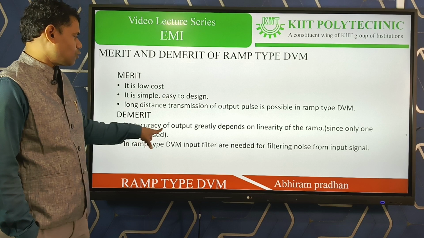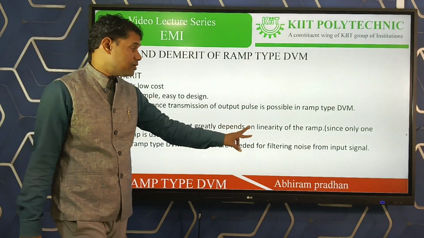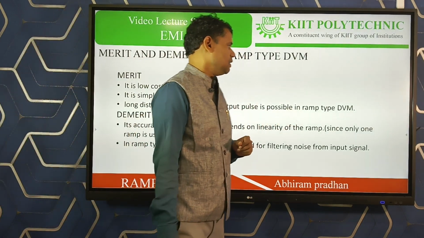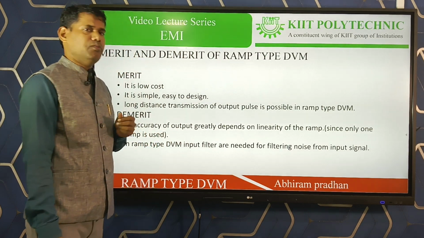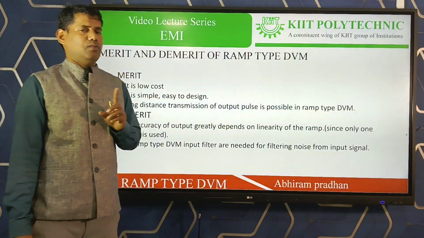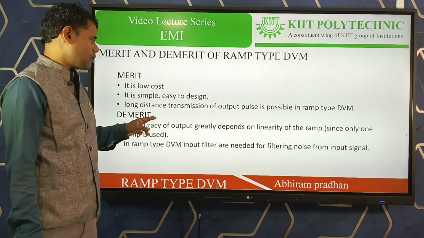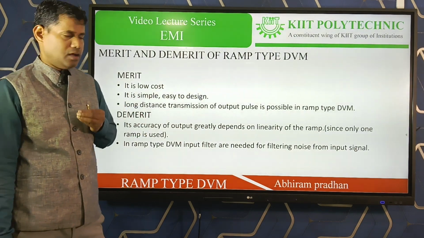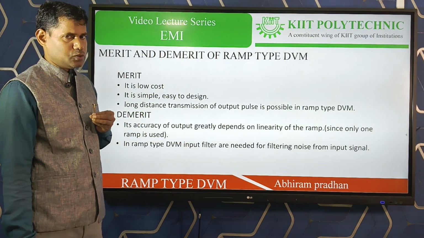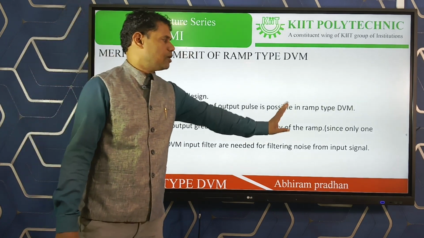Demerit क्या है? Its accuracy of output greatly depends on linearity of the ramp signal, since only one ramp is being used. Try to understand that accuracy is somehow compromised in this type of instrument because of the linearity of a ramp signal.